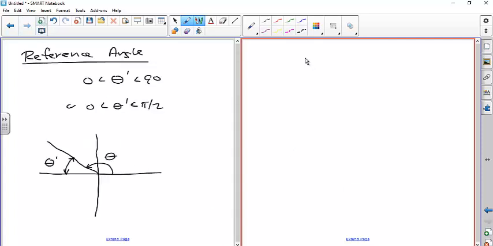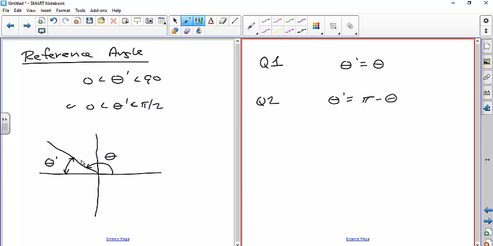And again, if you need something to remember, in the first quadrant the angle is the reference angle, because the nearest x-axis is the positive axis. So the reference angle is equal to the angle. In the second quadrant, the reference angle is equal to pi minus theta.